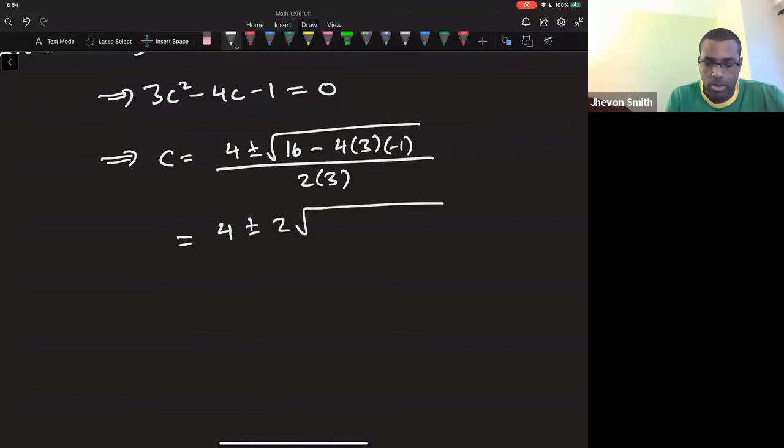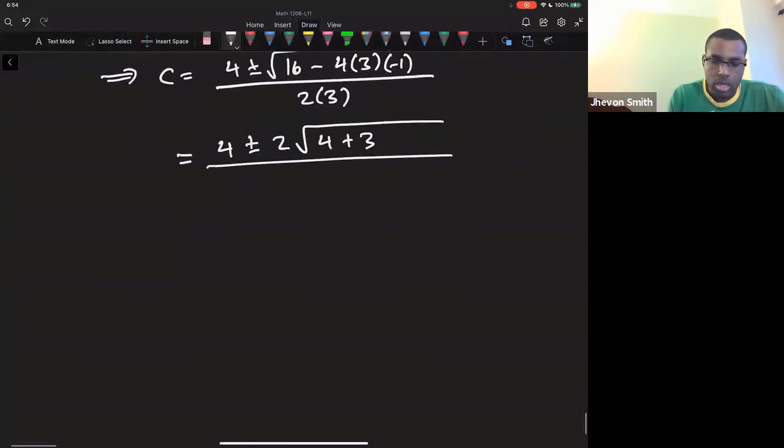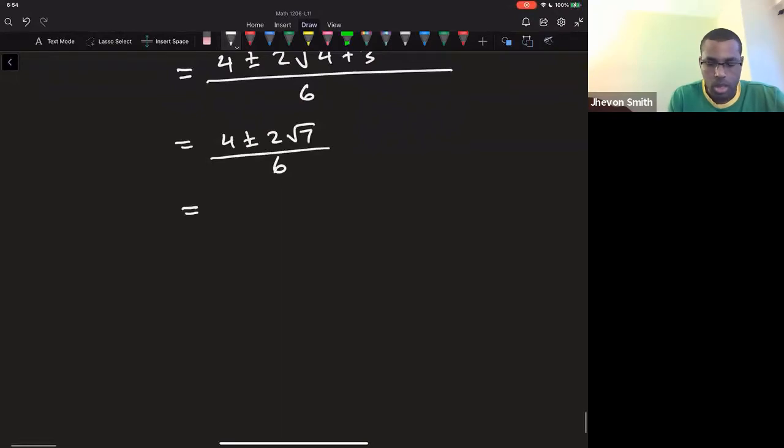I can factor out a 4 from the 16 and that guy, over 6. So it's 4 plus or minus 2 rad 7, all over 6. 2/3 plus or minus radical 7 over 3.